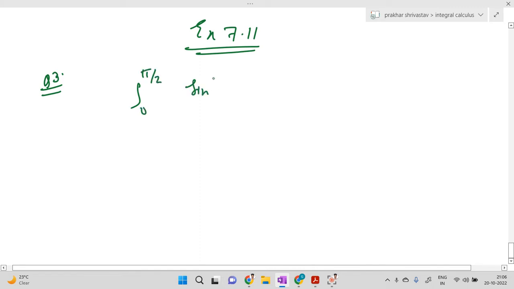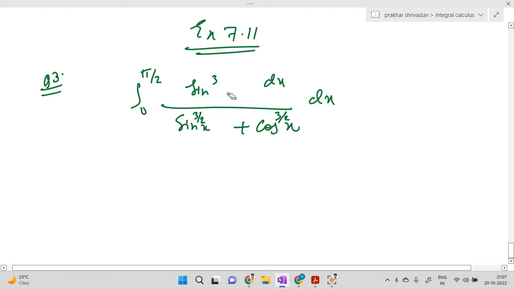So let us take the integral from 0 to pi by 2 of sin x to the power of 3 by 2 dx upon sin x to the power of 3 by 2 plus cos x to the power of 3 by 2 dx.